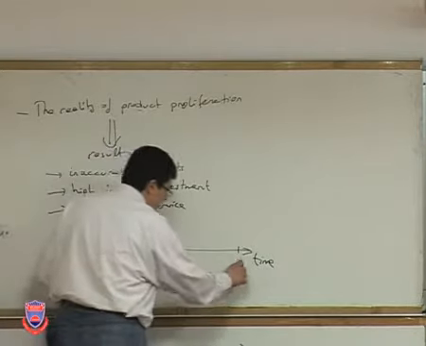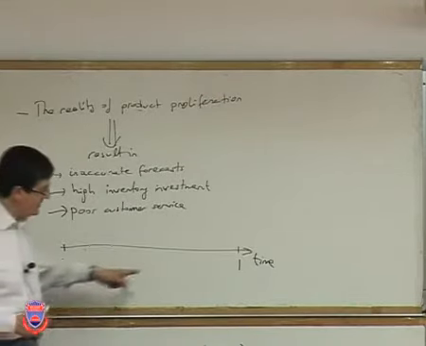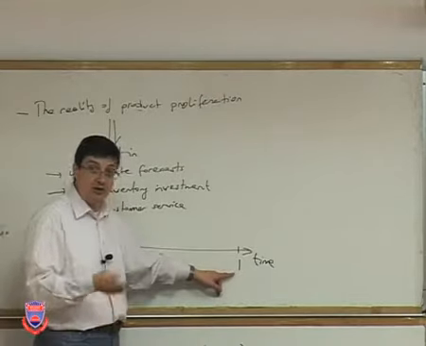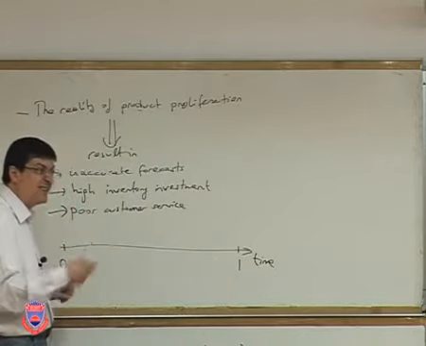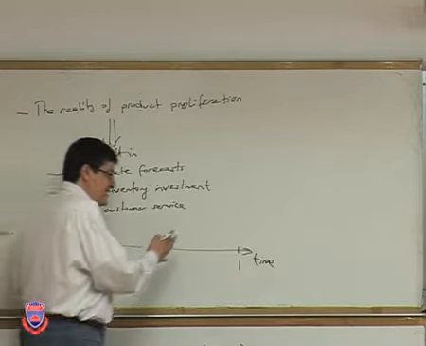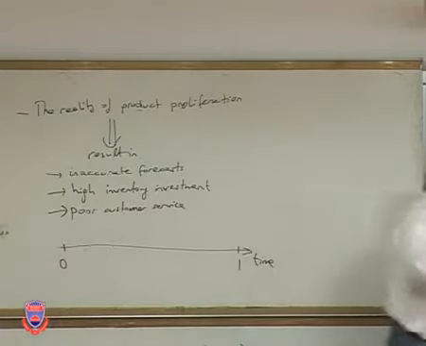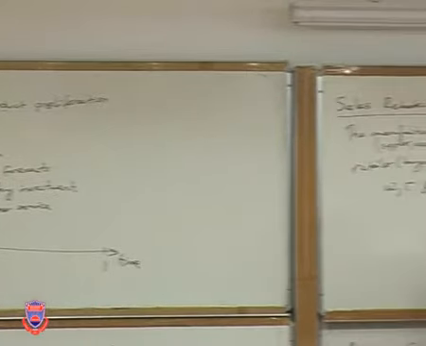Let me rescale this line so that we have 0 and 1. 1 is the point where we are going to have the end products, and 0 is the point where we start the manufacturing. Of course, this is something that will be repeating itself, but I am taking only one of these occasions.